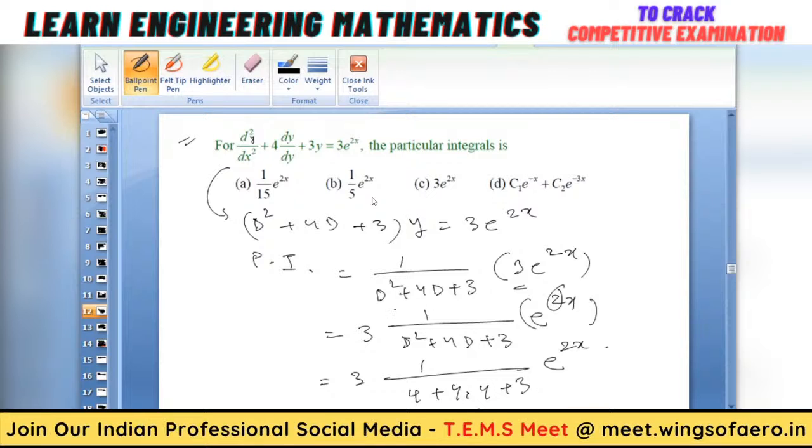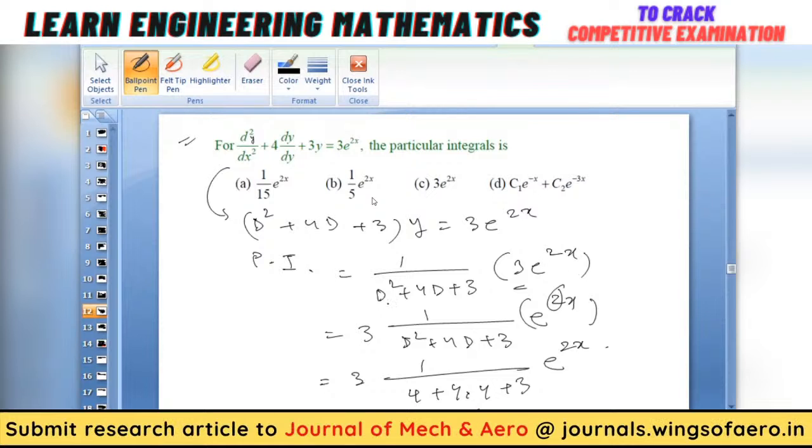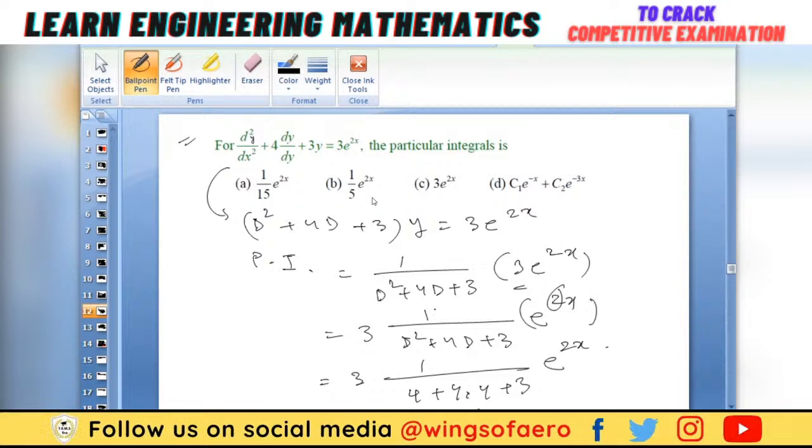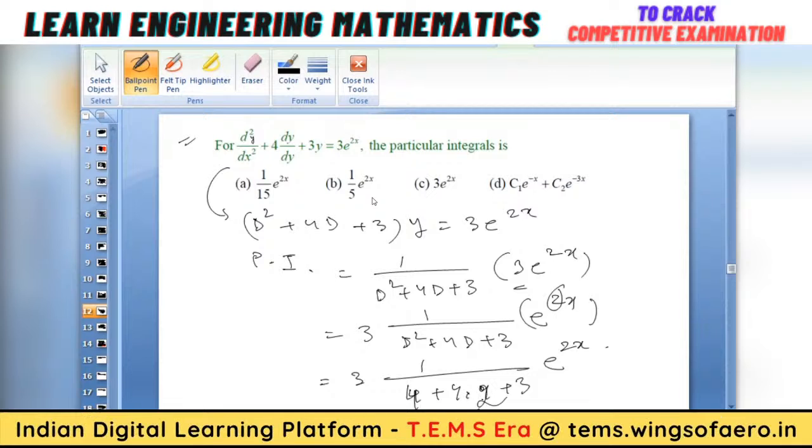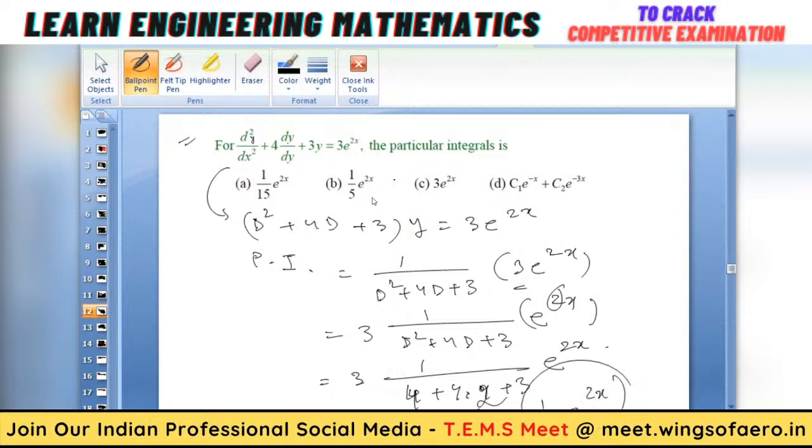What is the mistake? Sir, 4 multiplied by 2. So 4 plus 8 is 12, plus 3 is 15, which means 1 by 15 e to the power 2x. B is the right answer. Yes.